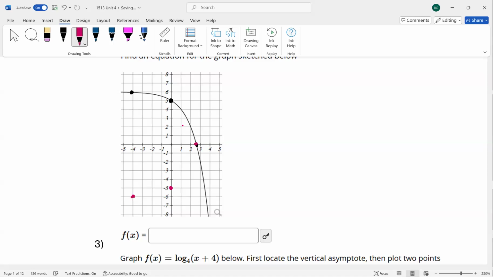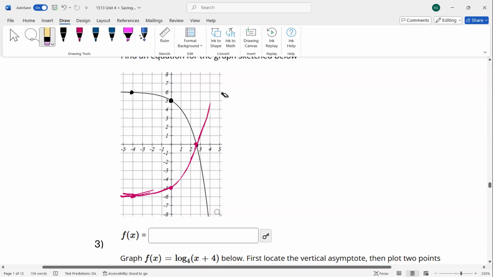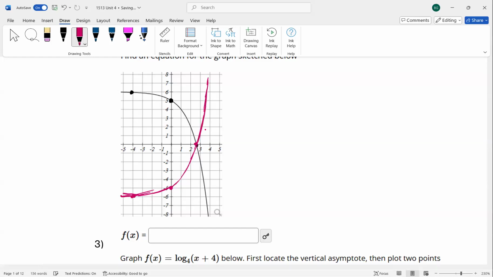So if I flip, I'm going to have a curve like that.